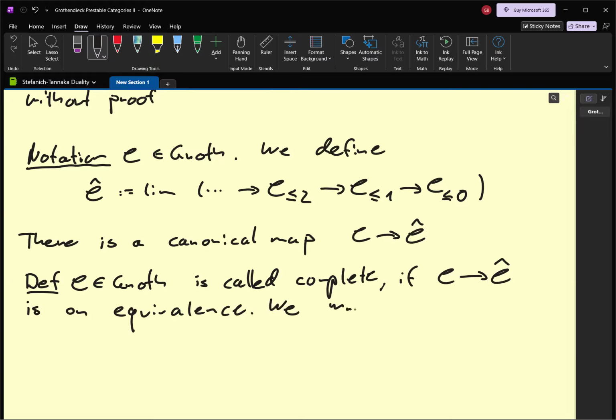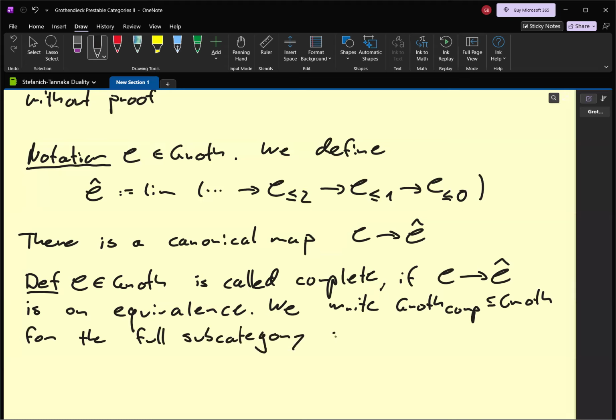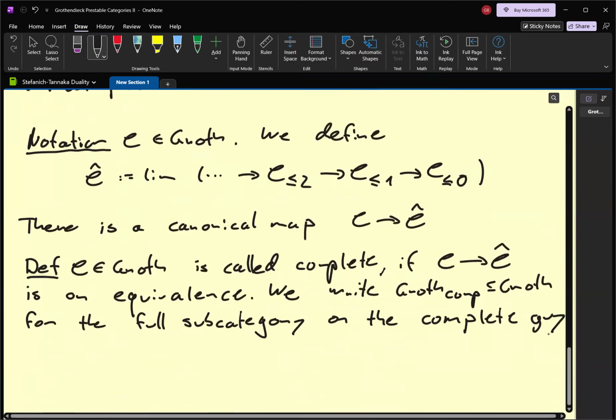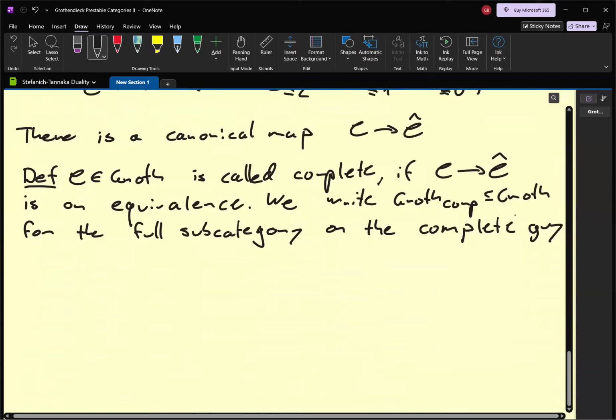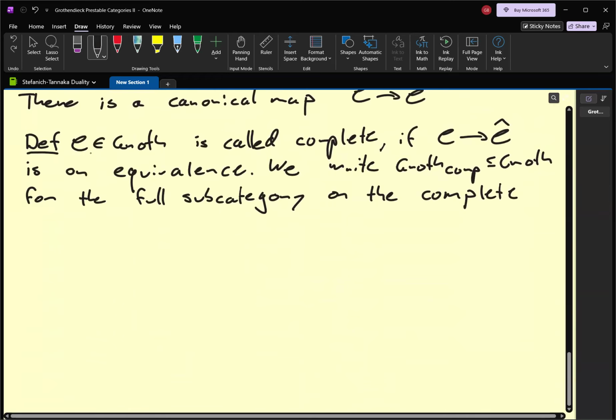So we write Groth comp for the full subcategory on the complete guys.